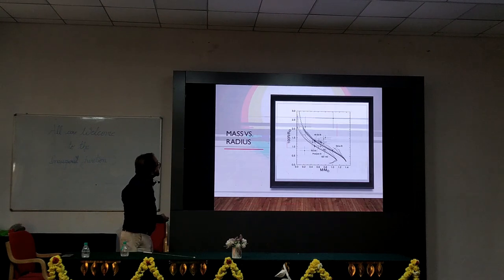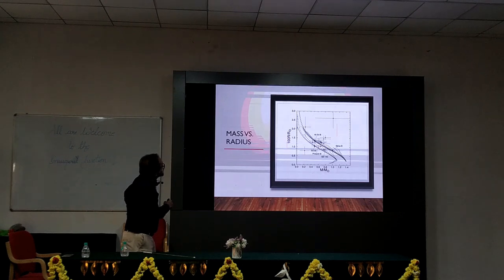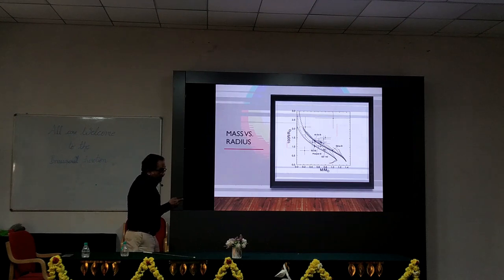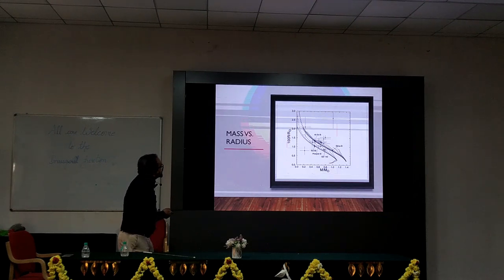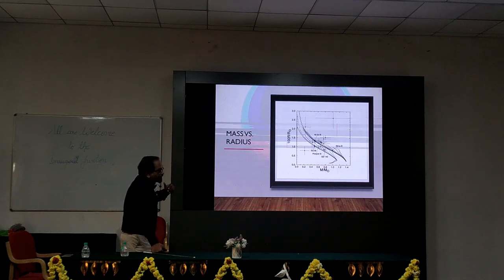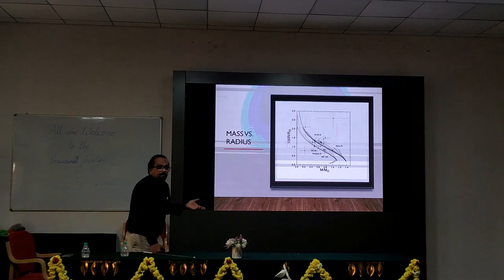Here's another data set of white dwarfs and their radii. You can see all of them are definitely below the 1.4 solar mass limit, so the theory holds. And there was even a question raised in the book by Chandrasekhar himself: what happens if the mass of the star exceeds this limit, 1.4 solar mass, for a white dwarf?